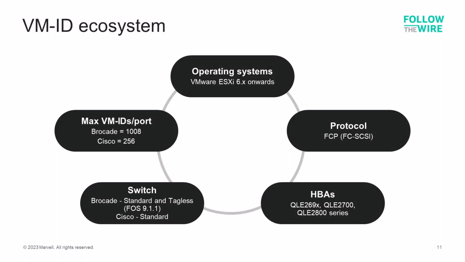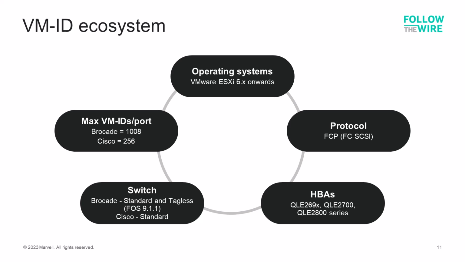Here's the current view of the VMID support ecosystem. It targets VMware environments today and is supported with Fibre Channel SCSI-based implementations. We expect to have support for FC NVMe in the very near future. As mentioned previously, all current QLogic HBAs support VMID, including the QLE2690 series, the QLE2700 series, and the QLE2800 series HBAs.